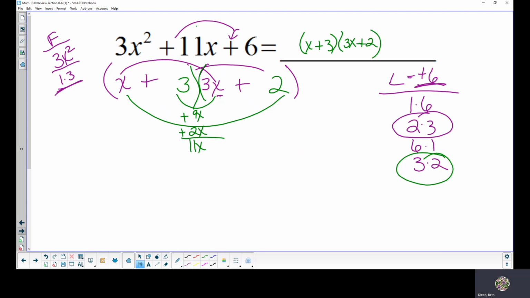Again, x times 3x would be 3x squared. x times 2 would be 2x. 3 times 3x would be 9x. 3 times 2 would be plus 6. The 2x and 9x together make 11x plus the 6, and that gives you the original answer, so that does check out.